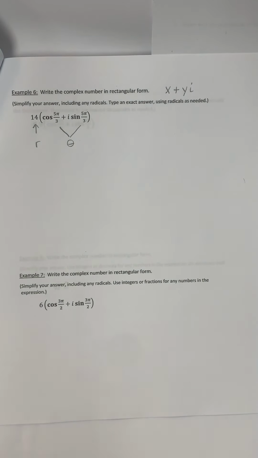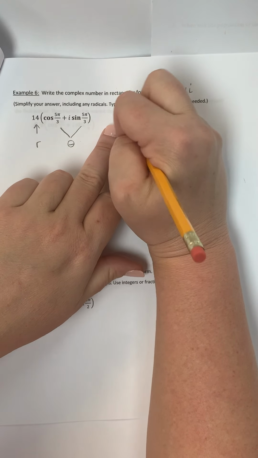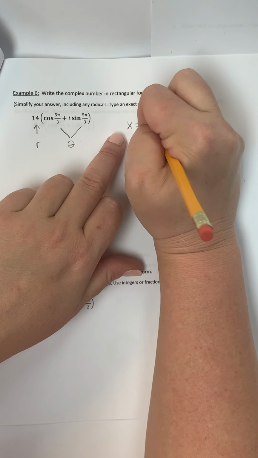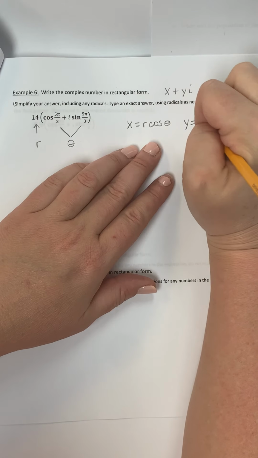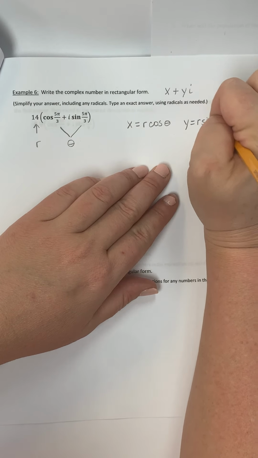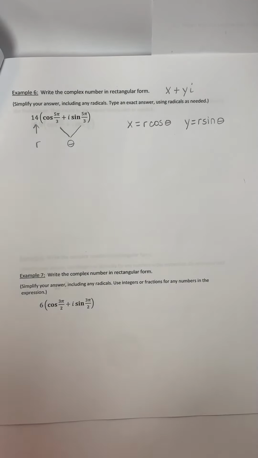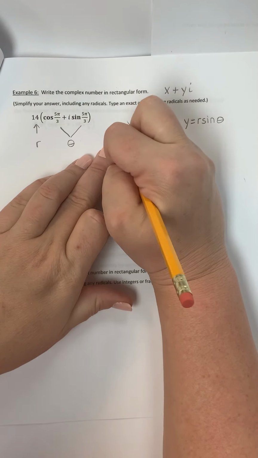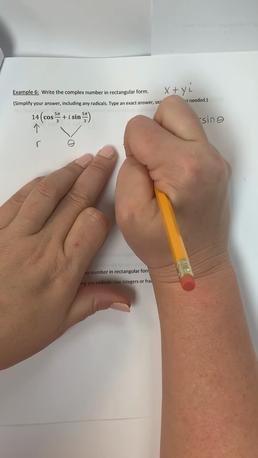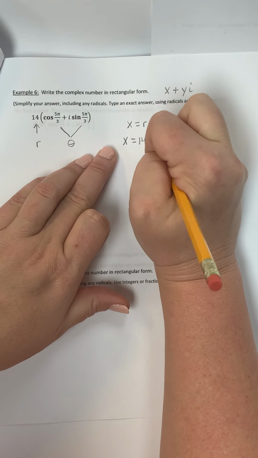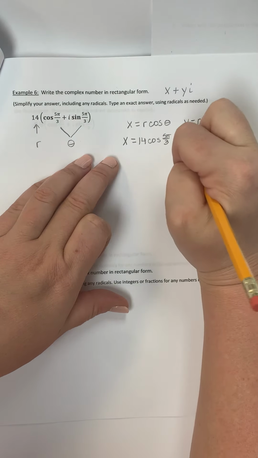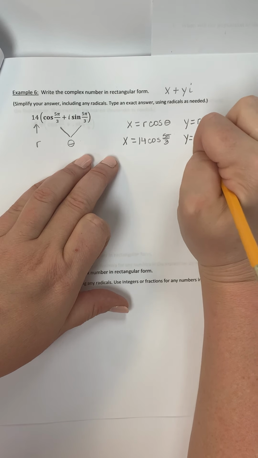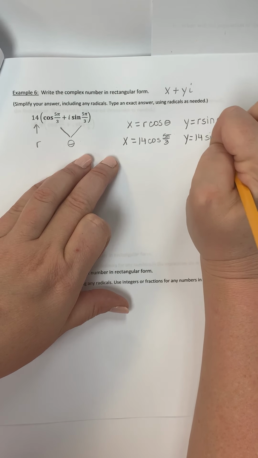That's what we're looking for. x equals r cosine theta, y equals r sine theta. So there we go. We're going to plug in what we know. x is 14 times the cosine of 5 pi over 3. y is going to be 14 times the sine of 5 pi over 3.